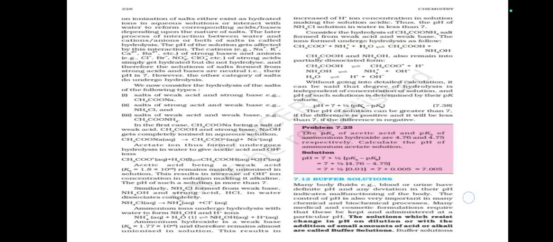Buffer solutions. The solutions which resist change in pH on dilution or with the addition of small amounts of acid or alkali are called buffer solutions. Buffer solutions of known pH can be prepared from the knowledge of pKa of the acid and pKb of the base, and by controlling the ratio of the salt and acid, or the salt and base.